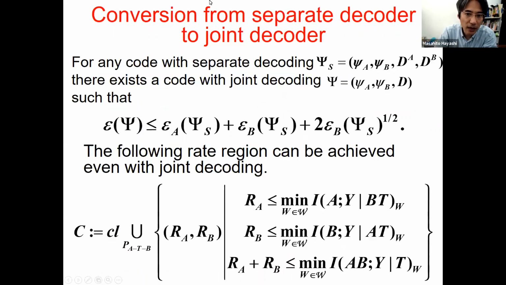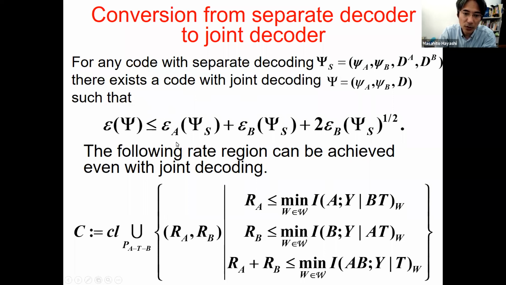However, we have a good idea because there is a good method to convert a code with separate decoding to a code with joint decoding. So using this conversion, we have a good code with a decoder with joint decoding to satisfy this inequality.